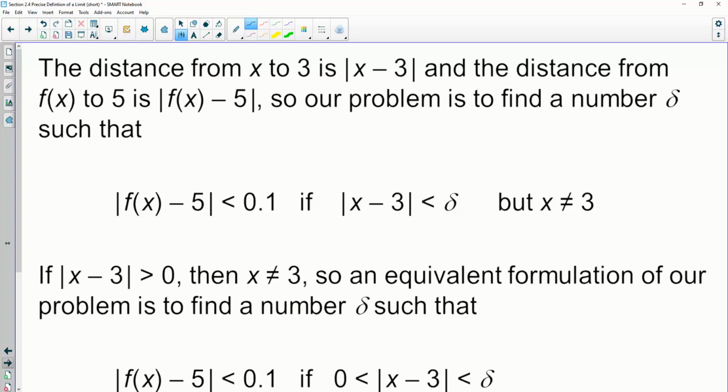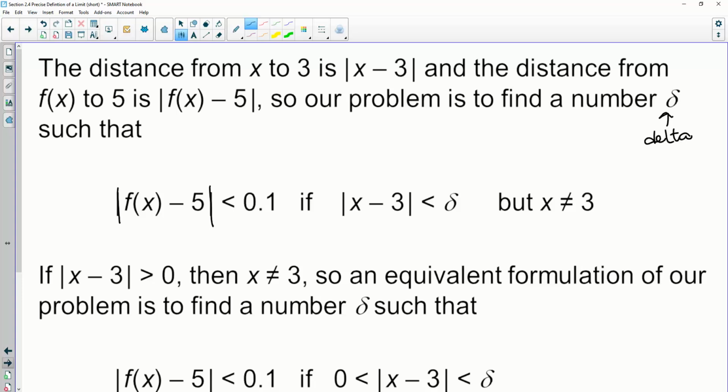So our problem is to find a number delta such that the distance between f of x and 5 is less than 1/10 if the distance between x and 3 is less than delta.